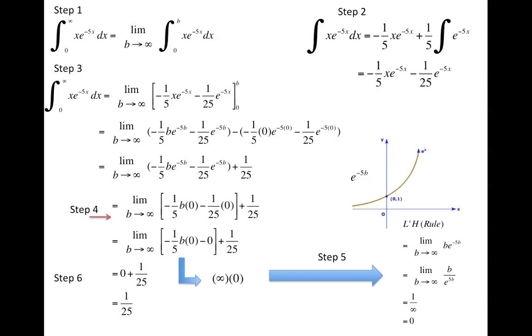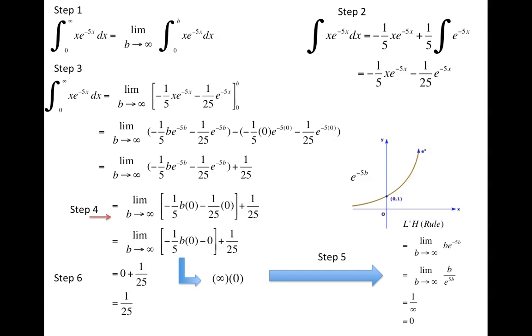We get the limit as b goes to infinity of b times e to the power of negative 5b, and we have to bring one of the products into the denominator. We choose to bring e to the power of negative 5b into the denominator, which is e to the power of 5b. So in the end we get b over e to the power of 5b.